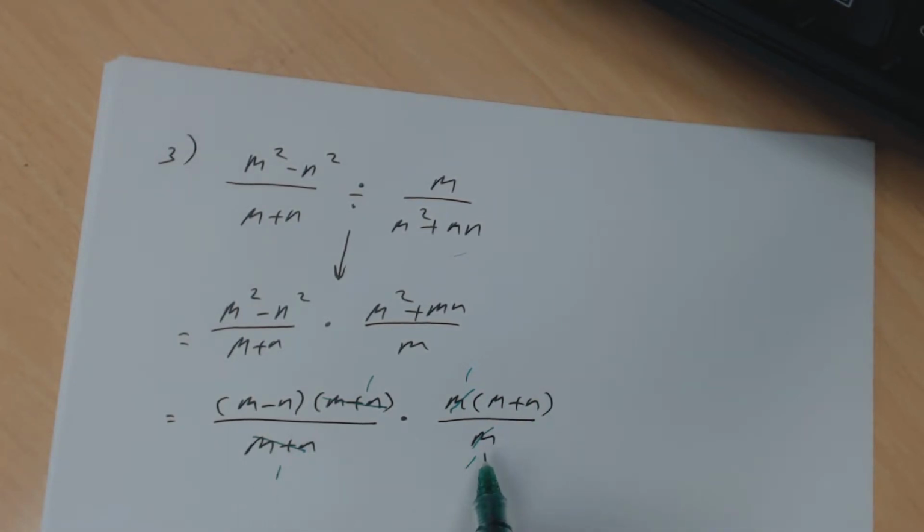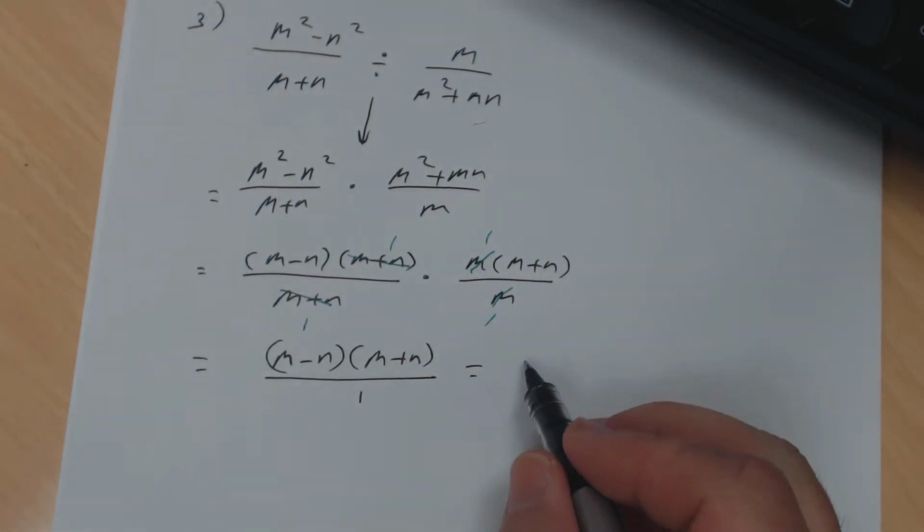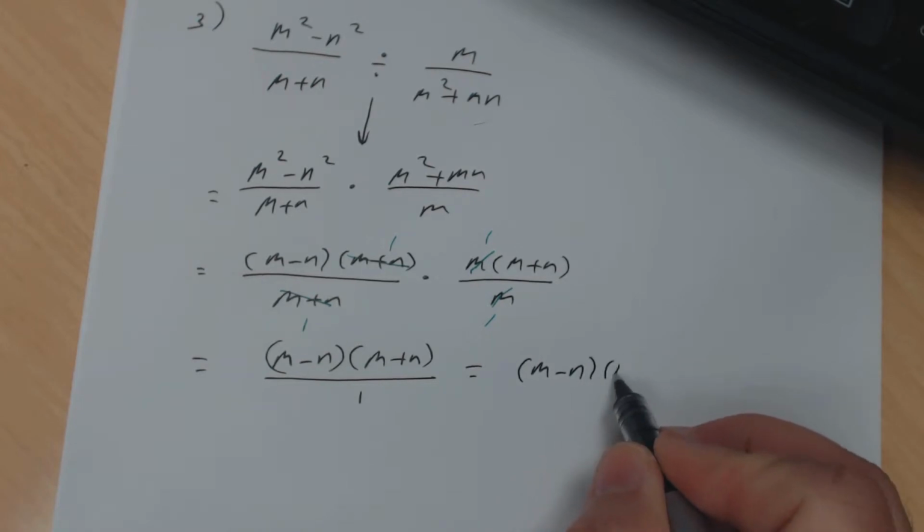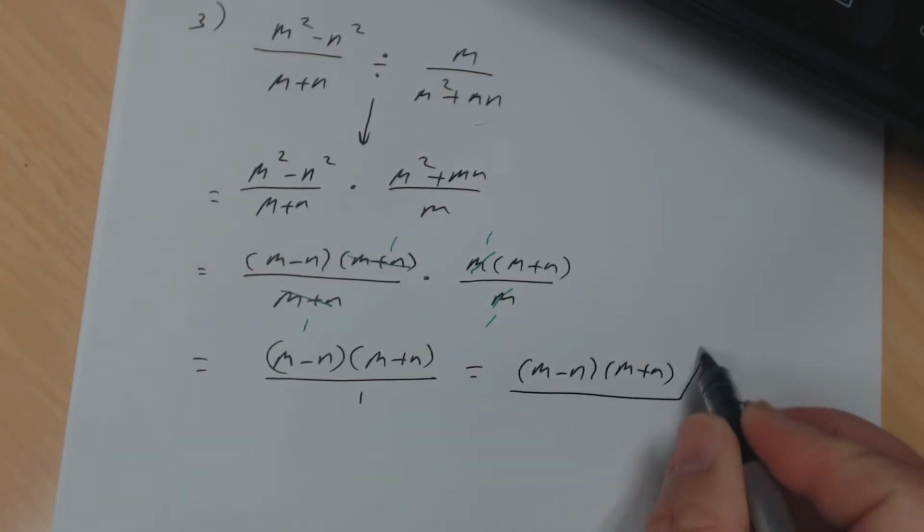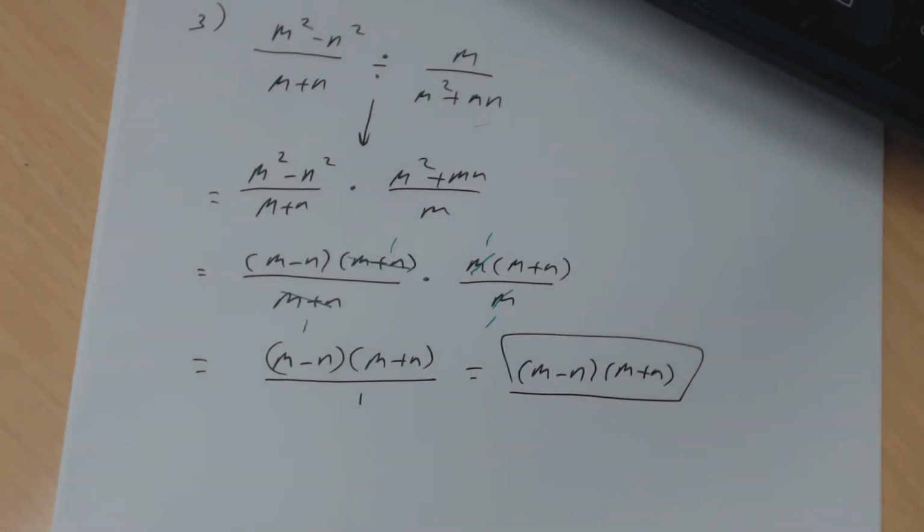I don't have any left, so the answer is going to be m minus n, and don't forget the parentheses, times 1 times m plus n, all over 1 times 1 is 1. But rewrite this as just m minus n times m plus n. All right, so leave it in factored form.